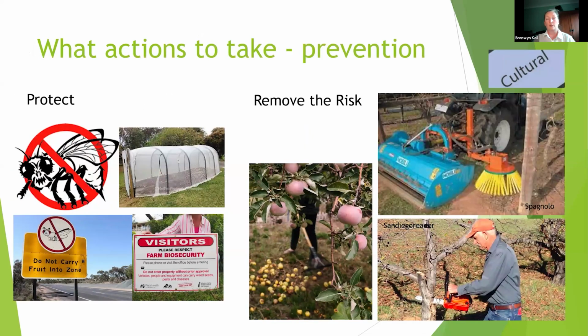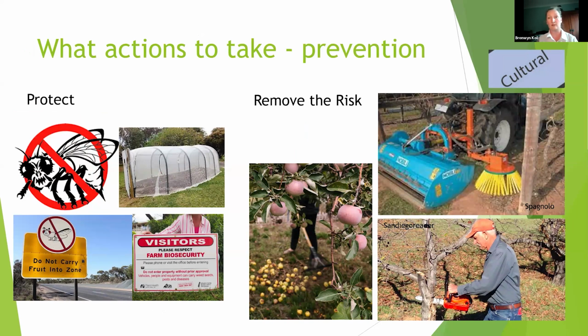So, this fruit fly is around, what are we going to do about it? Prevention is the best strategy so that we don't have to use chemicals. You can use netting and good biosecurity practices to reduce the risk coming to your property.